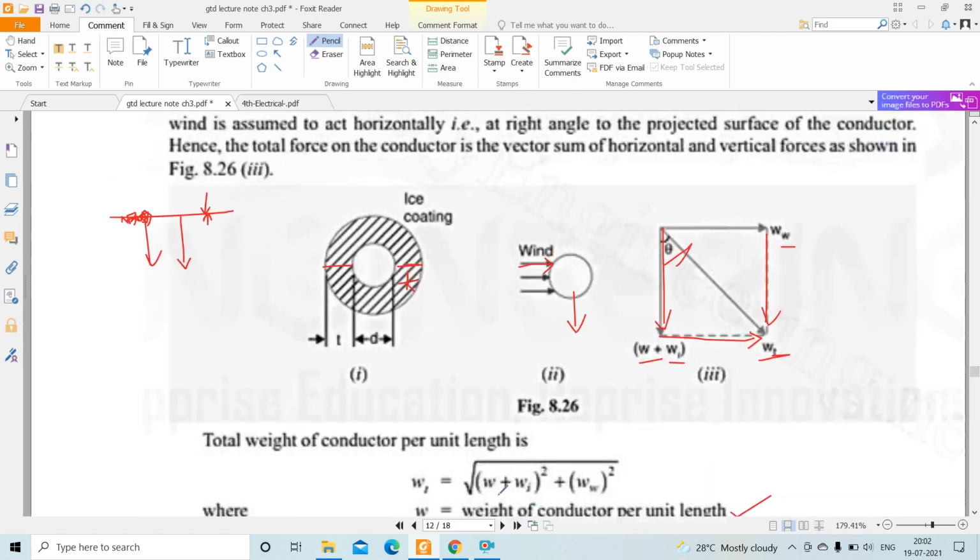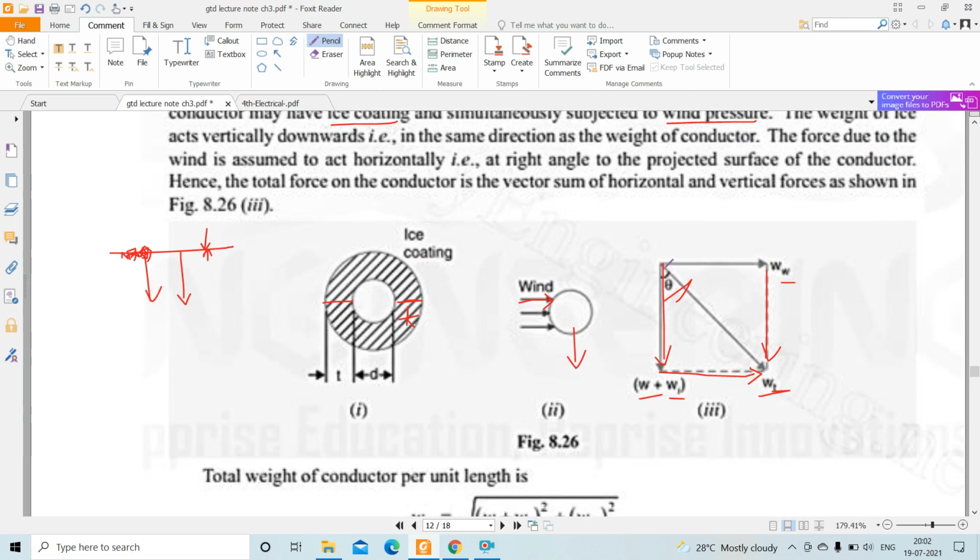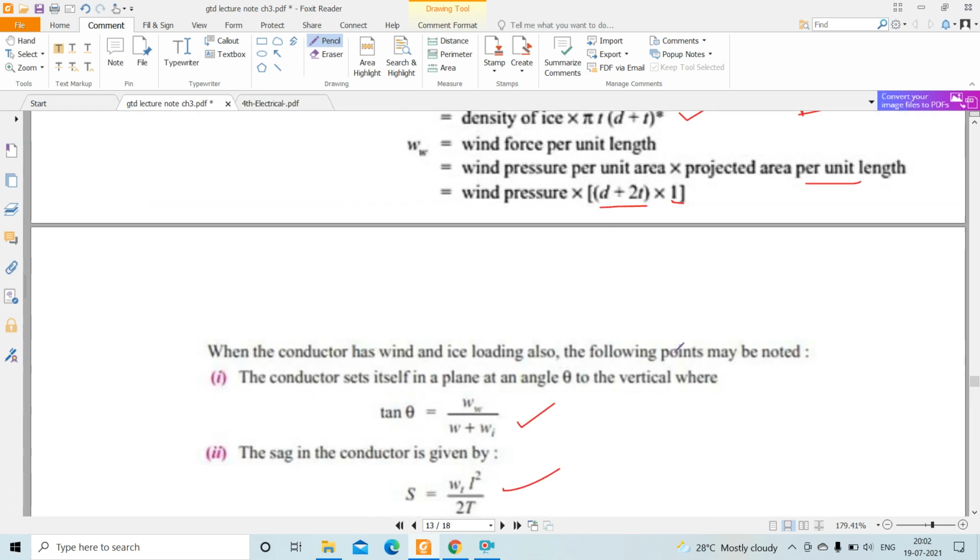This slant sag makes an angle theta with the vertical, and S cos theta is the vertical sag.